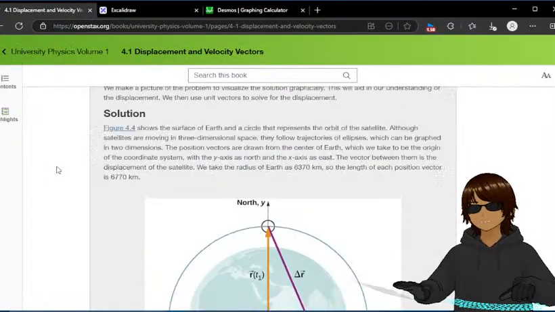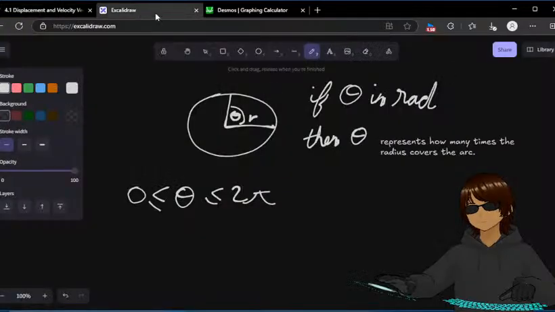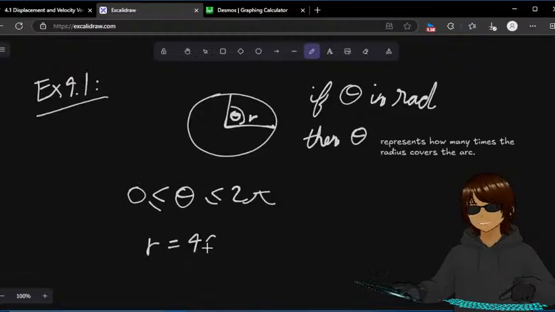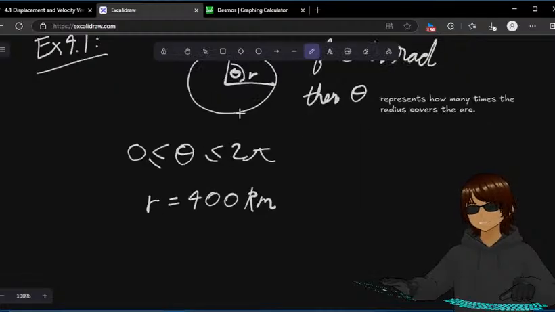This is example 4.1. R is 400 kilometers. You have theta here. So let's say arc length is theta r, and we need to find the arc length.